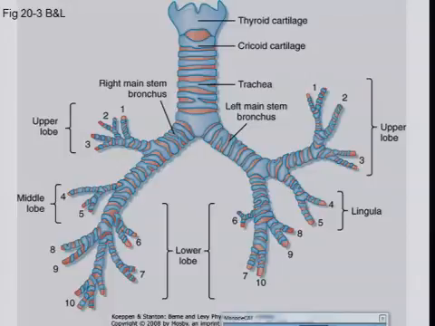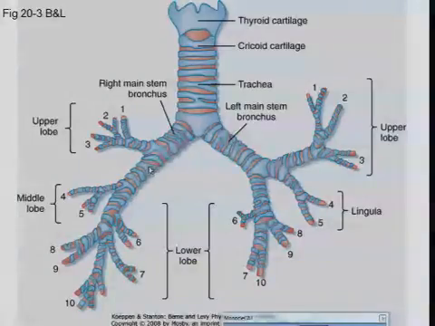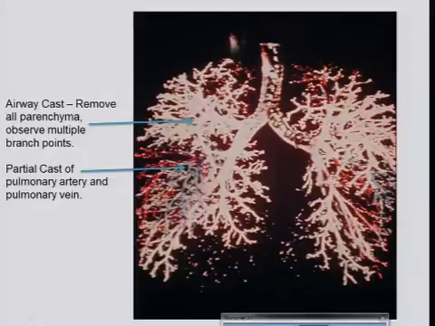And of course, as we talk about asthma and some of the other upper airway diseases where you can get constriction, that's very important. So even though these cartilage rings help to prevent full collapse, we can still get a narrowing of these airways. You can see the branching structure here, and we're going to talk about that in more detail.